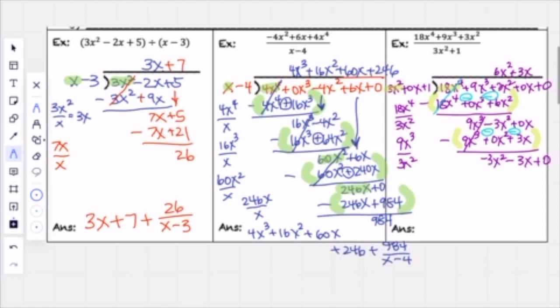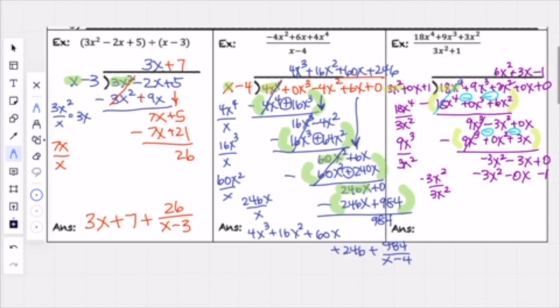And I'll go through this one last time. Negative 3x squared divided by positive 3x squared is going to give us a minus 1. So let's multiply that through. 1 times negative 1 is negative 1. Negative 1 times 0x is negative 0x. And negative 1 times 3x squared is going to be negative 3x squared.